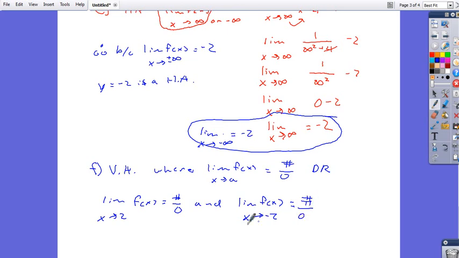So x equals 2 and negative 2 are vertical asymptotes. Okay?